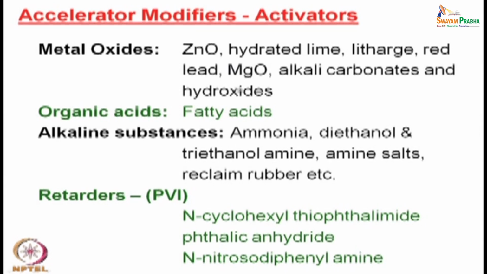Along with any of these compounds, some organic acid has to be used. That means a combination of both metal oxide and organic acid constitutes this accelerator activator. What happens? This metal oxide and organic acid form a salt during the vulcanization reaction within the rubber product.